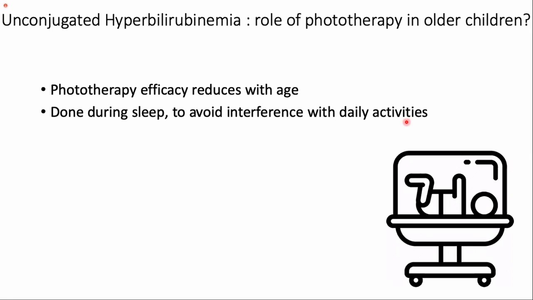Because we believe that after 14 days in term and 21 days in preterm, their blood-brain barrier is much more mature, so the unconjugated bilirubin doesn't cross that much into the brain. The risk of bilirubin-induced neurological damage, or bilirubin encephalopathy, is reduced after 14 or 21 days.